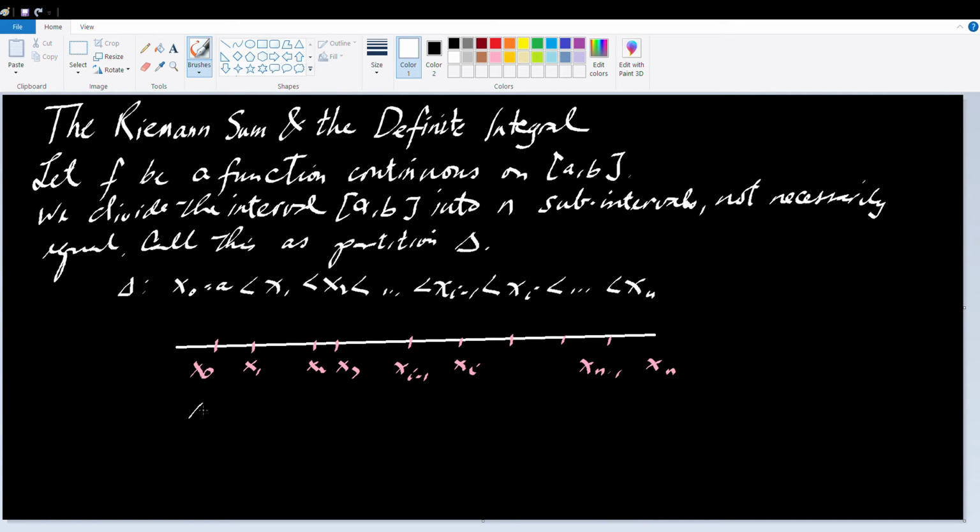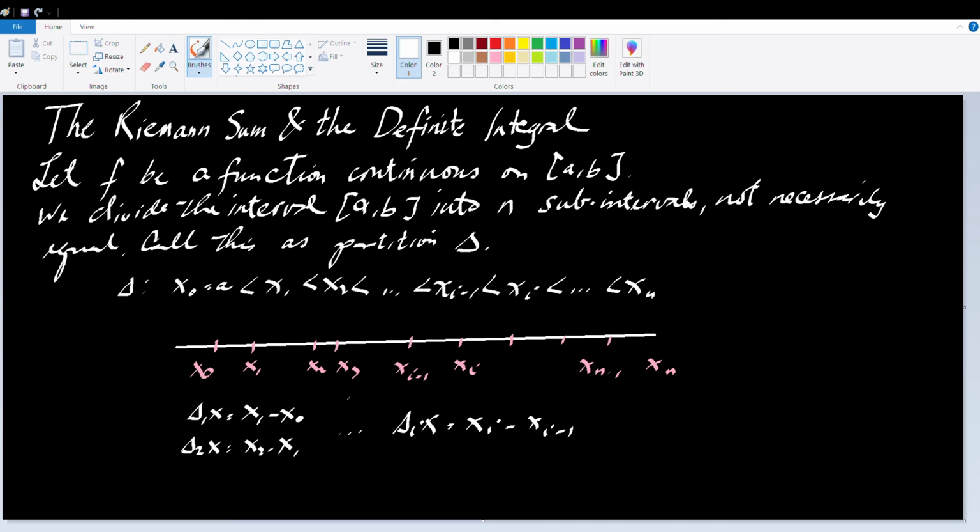So our delta 1x is the length of the first subinterval x0 to x1, or x sub 1 minus x sub 0. Delta sub 2x will be x sub 2 minus x sub 1. So delta sub ix will be x sub i minus x sub i minus 1.